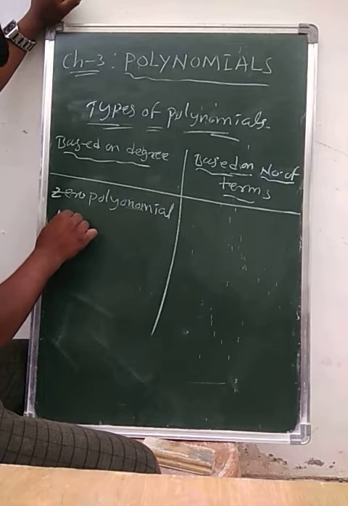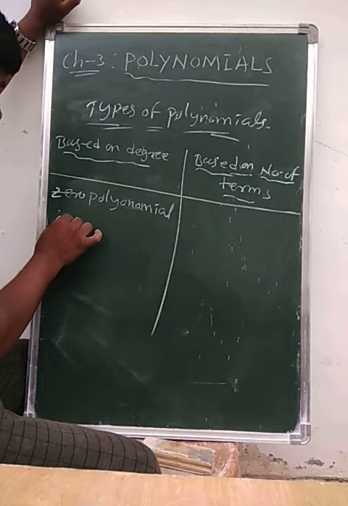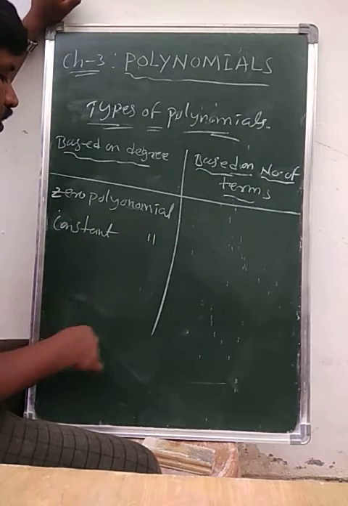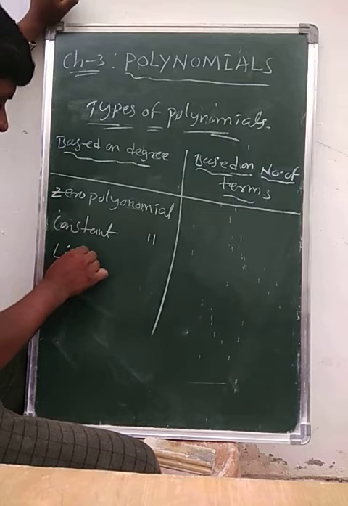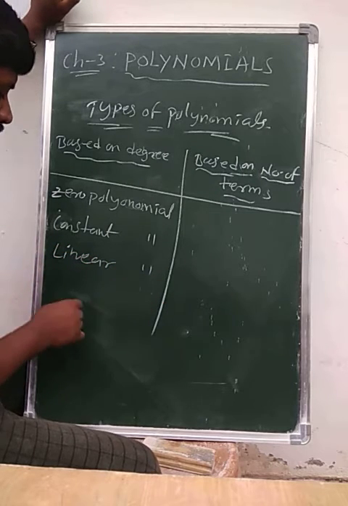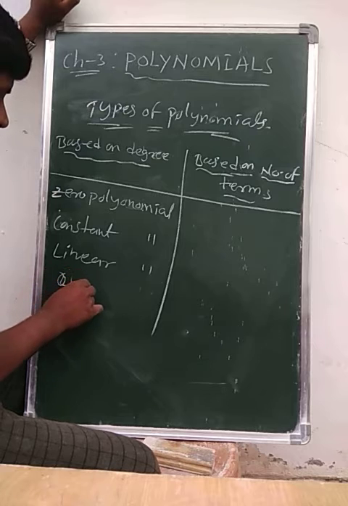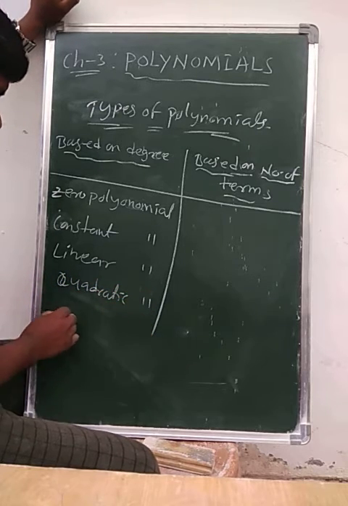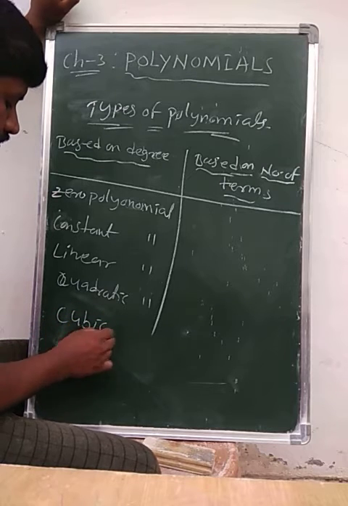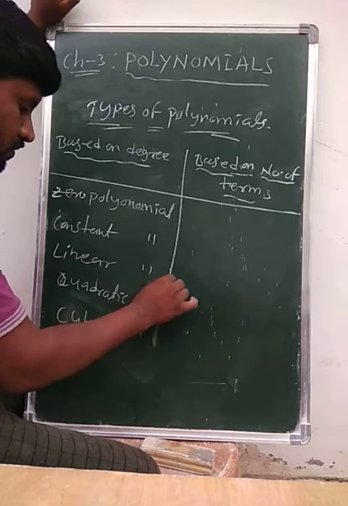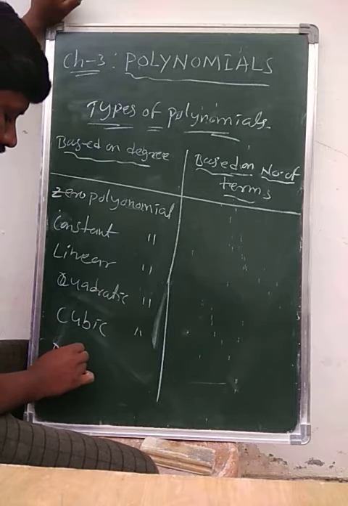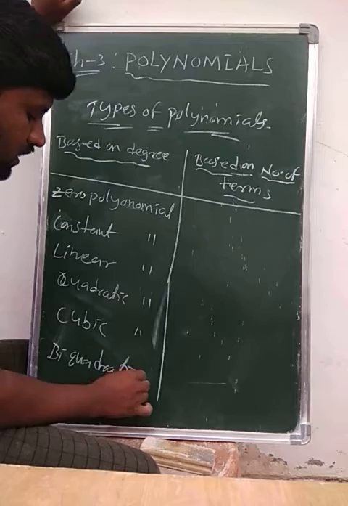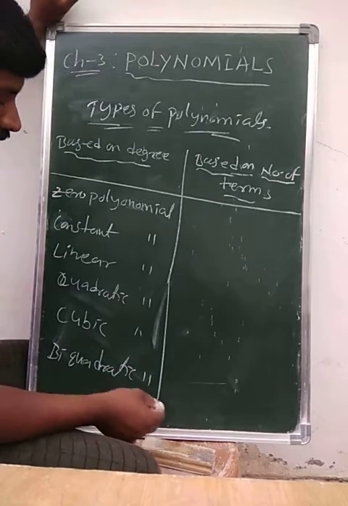Next, constant polynomial, linear polynomial, quadratic polynomial, cubic polynomial, biquadratic polynomial, like that.